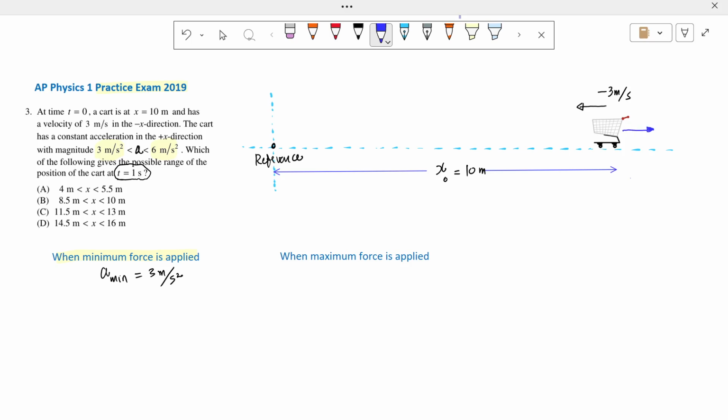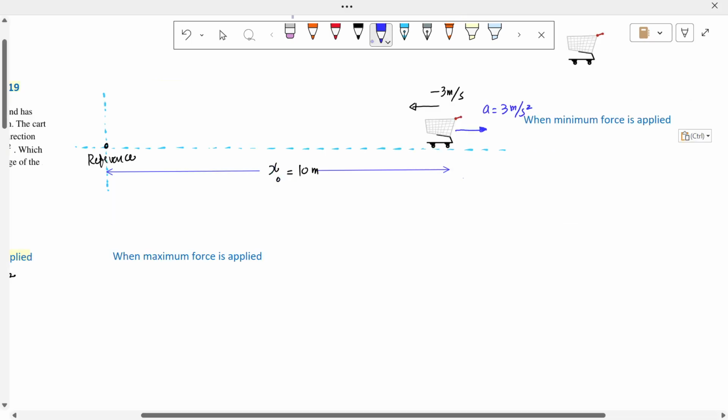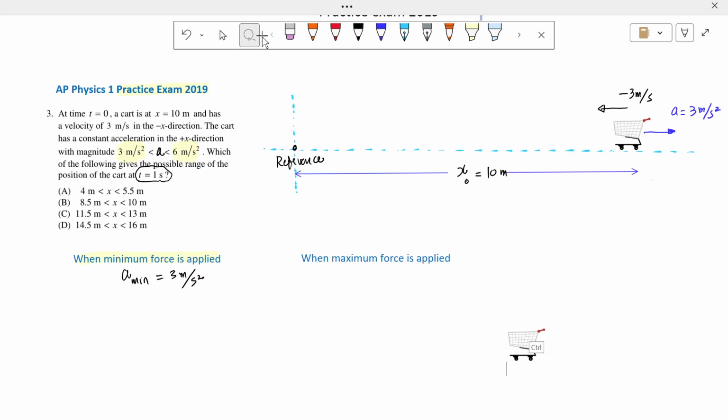So due to this minimum force, the car will be able to travel more distance. Let's say the car's new position at 1 second is this, because the car has traveled more distance leftward. So this is the minimum position that we need to calculate.